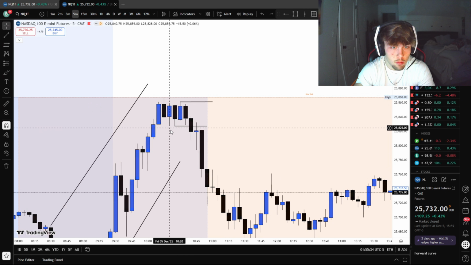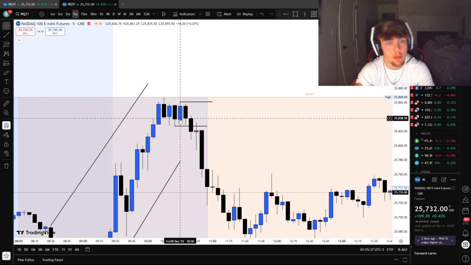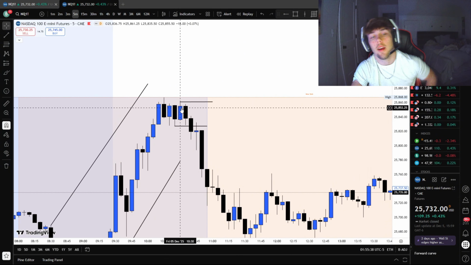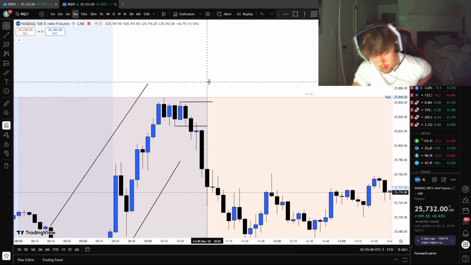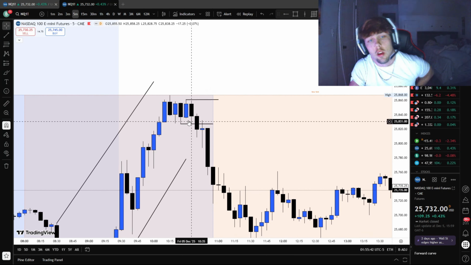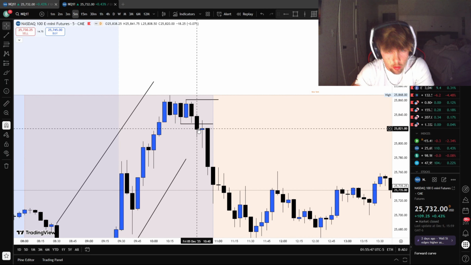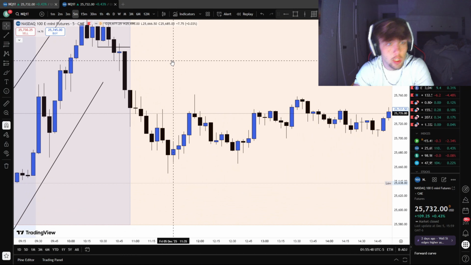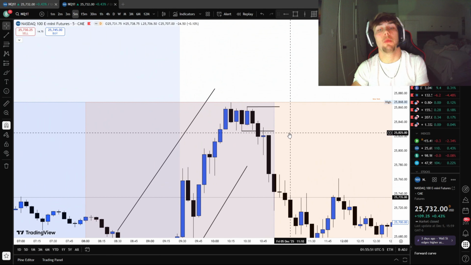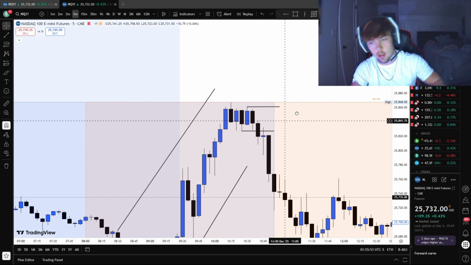Move down, move up, makes a low, bottom of the wick. Move up, move down, makes a high, top of the wick. So, boom. Here's your most recent low. We do have a candle closure below that low, which calls the downtrend. Simple as that.